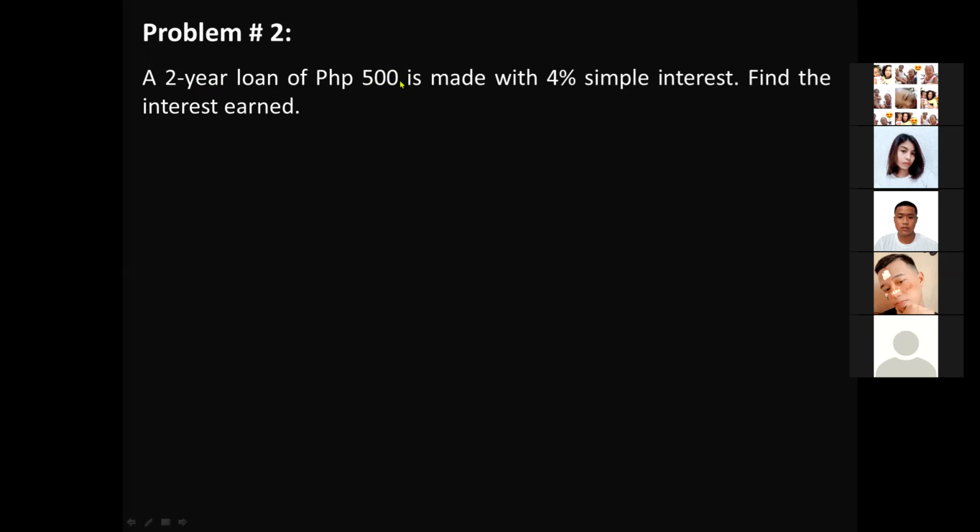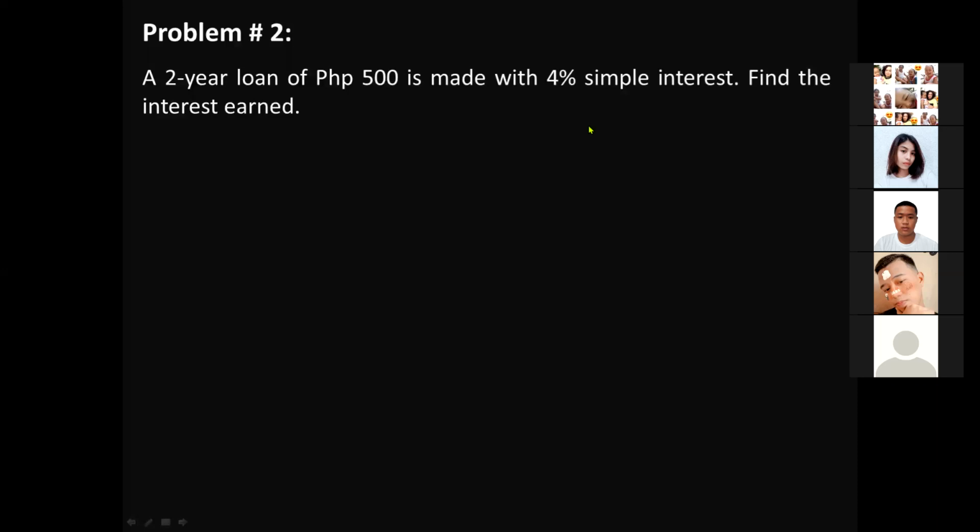Sa loob ng 2 taon na kung saan ang transaksyon ay magtatapos sa rate of interest na 4% kasi yan ang napag-usapan. Kung yan ang magiging kondisyon, sa palagay ninyo kung may calculator kayo, ano ang sagot sa problem na yan?